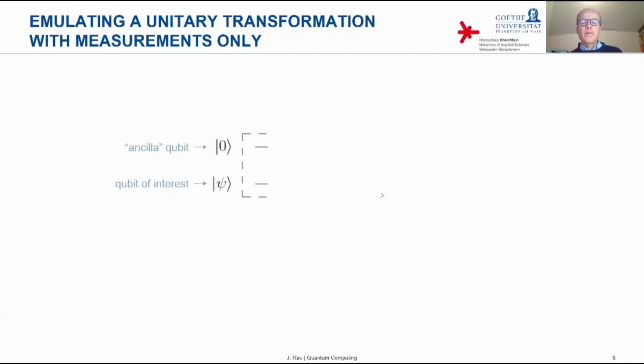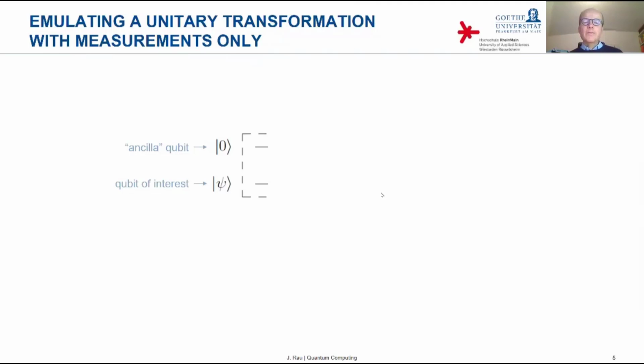The circuit will involve a second qubit, an auxiliary or so-called ancilla qubit, which starts in the basis state 0. So that is fixed. The qubit of interest is the one which can be in an arbitrary state psi.